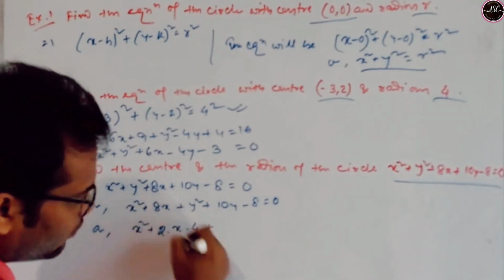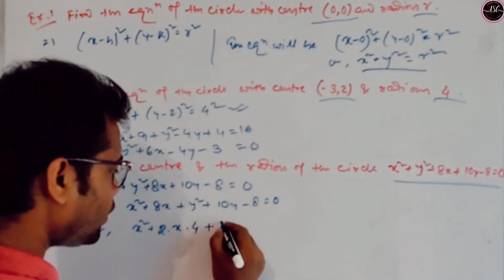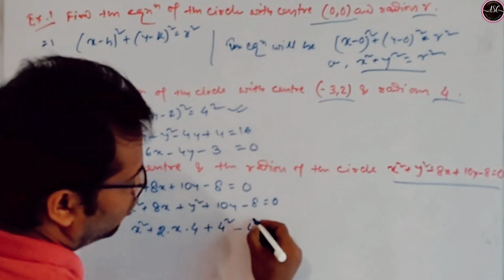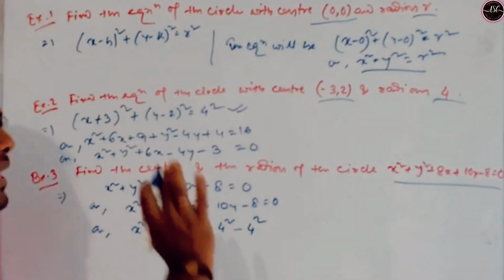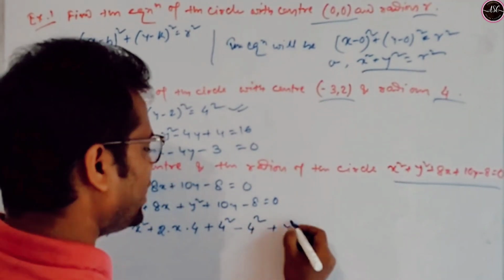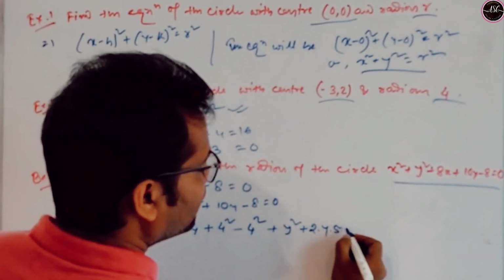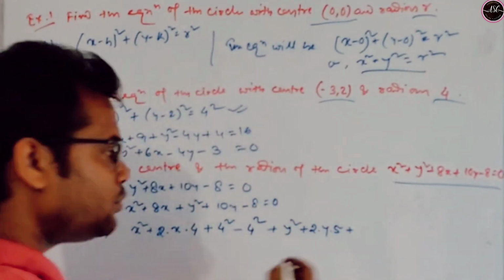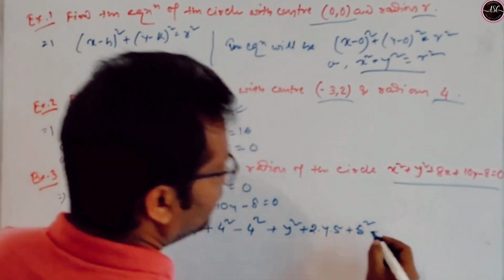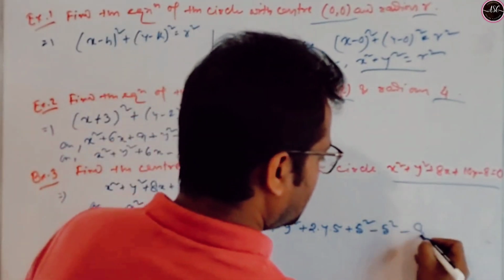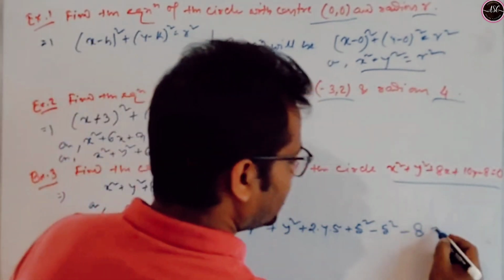So here we take 4, so there will be 4 square. We take 4 square, so we minus 4 square to balance this equation, okay, plus y square. Similarly 10y can be divided as 2 into y into 5. So here we take 5, so here will be 5 square, and to balance this equation we subtract 5 square from here, and lastly minus 8 equal to 0.